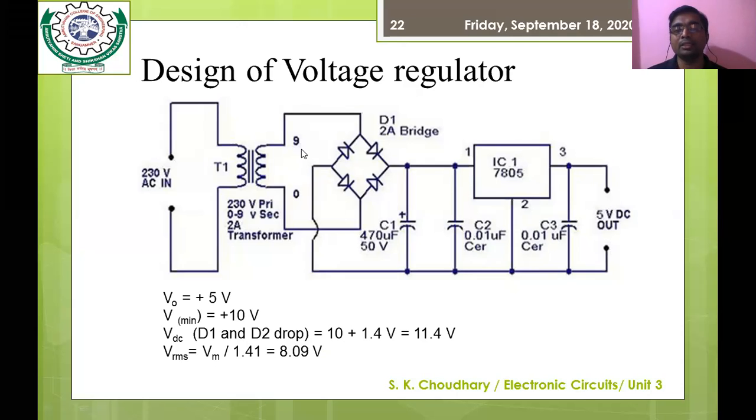It passes through the bridge rectifier, then through the filter, and this variable pulsating DC is available to this IC, which produces the fixed DC 5 volt.